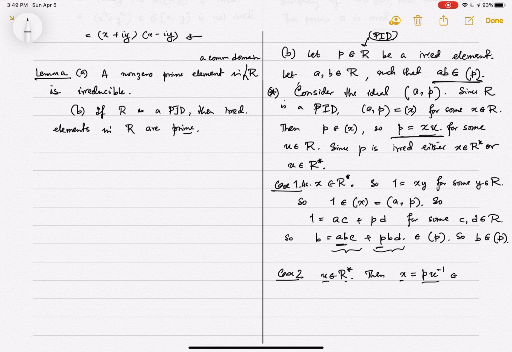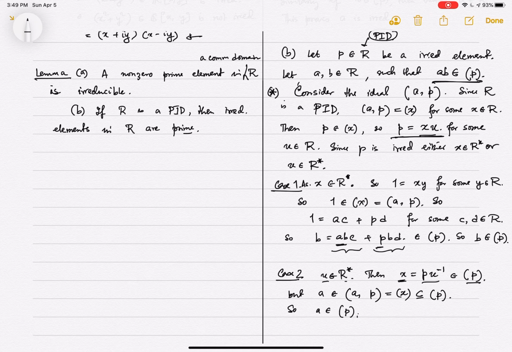And this is in the ideal generated by P because it's a multiple of P. But A is in the ideal generated by A and P, which is just X, which we just showed is in the ideal generated by P. So this is a subset of the ideal generated by P. So A is in the ideal generated by P in this case.